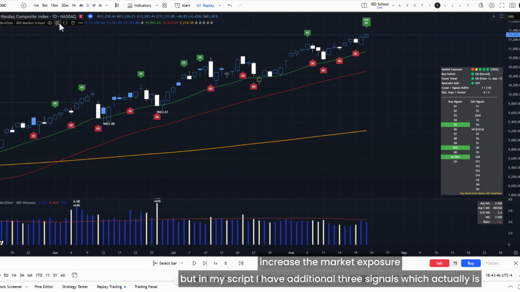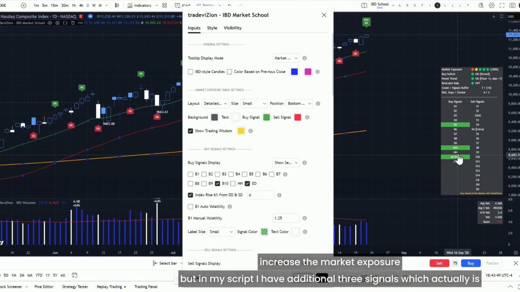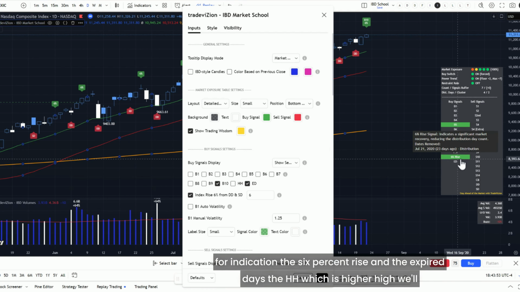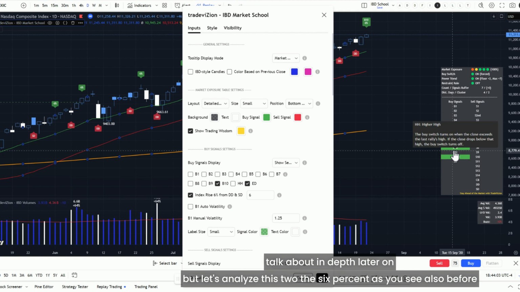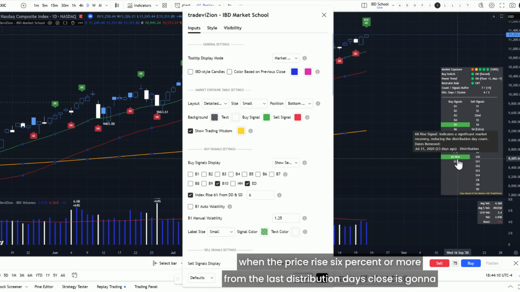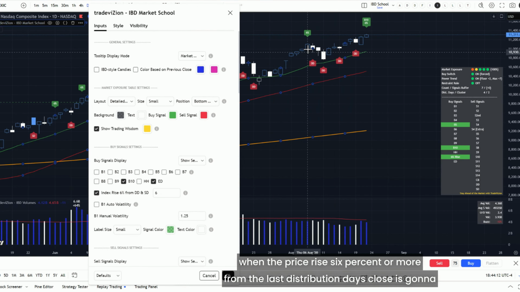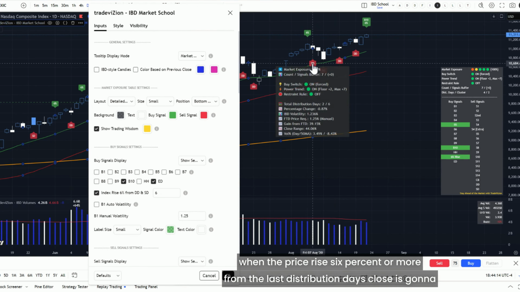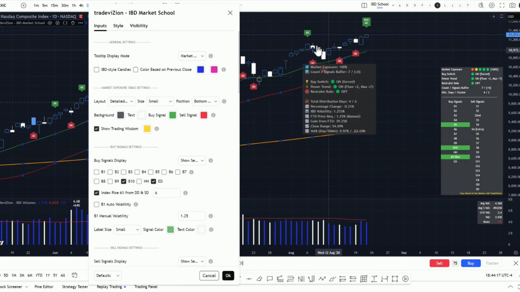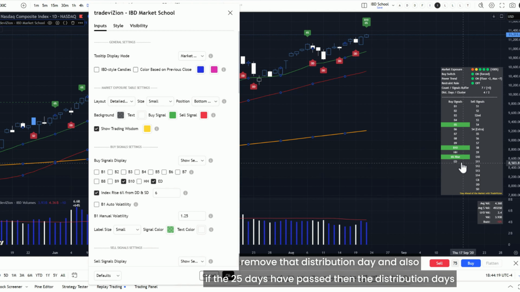But in my script I have an additional 3 signals, which are actually for indication: the 6% rise and the expired days. The H8, which is higher high, we'll talk about in depth later on, but let's analyze these two. The 6%, as you also saw before, is when the price rises 6% or more from the last distribution day's close, and it removes that distribution day.